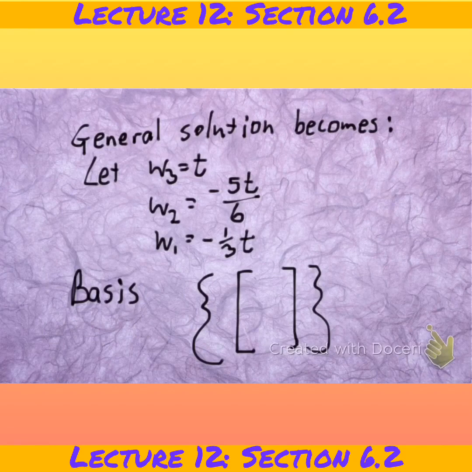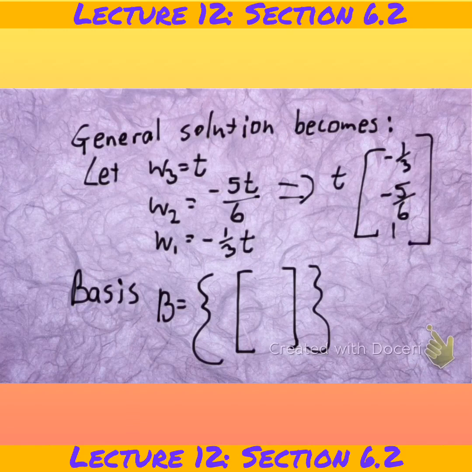Alright, so the basis is going to come from that set, and your vector is going to be (-1/3, -5/6, 1). Okay, so basically your vector is going to be that vector there.